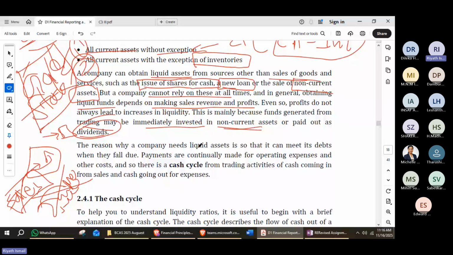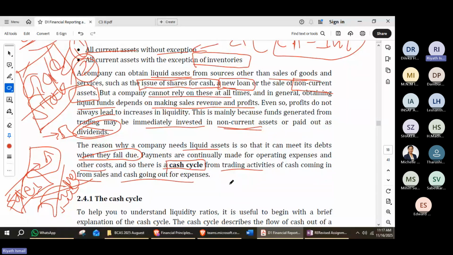The reason why a company needs liquid assets is so it can meet debts when they fall due. Payments are continually made for operating expenses and other costs like salaries and wages. So there's a cash cycle, from trading activities, of cash coming in from sales and cash going out for expenses, right?